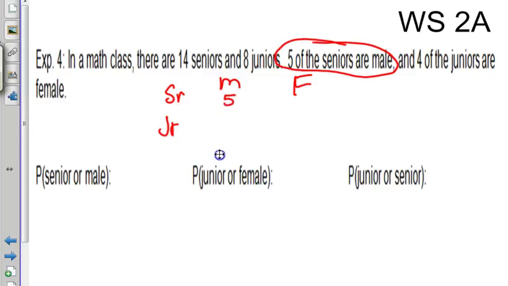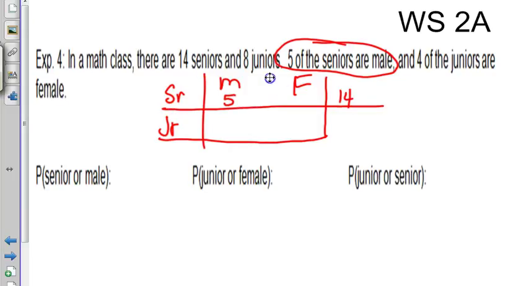How many seniors are there altogether? 14 seniors altogether. So can we fill this in? 14 seniors total. Oh, my chart just got really bad. So 14 minus 5 is 9 here. 4 of the juniors are female. 4 junior females. So that's a total of 13 females.